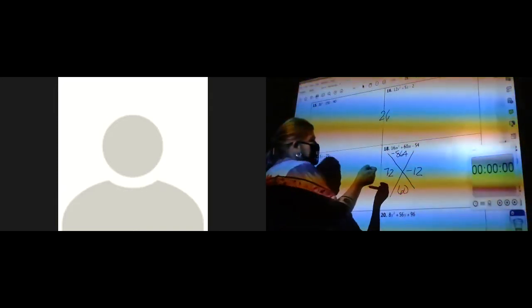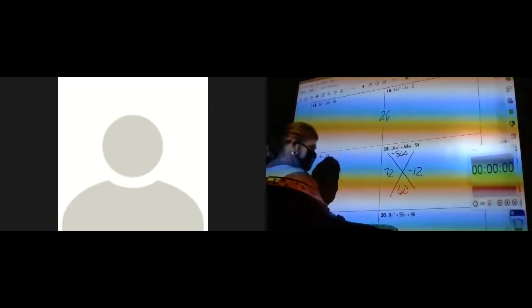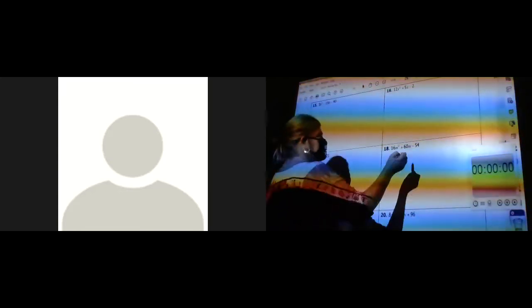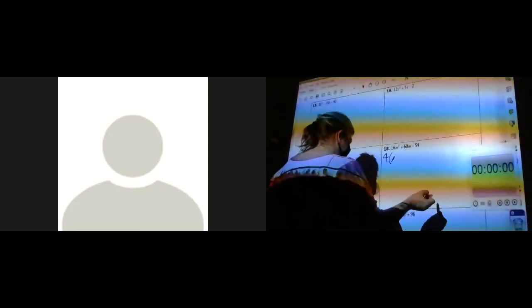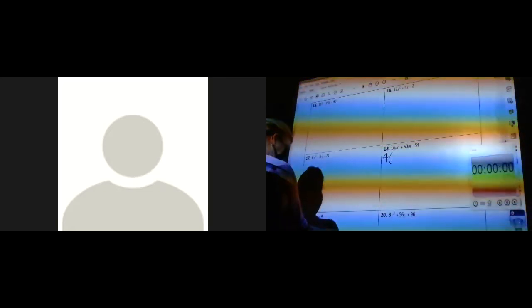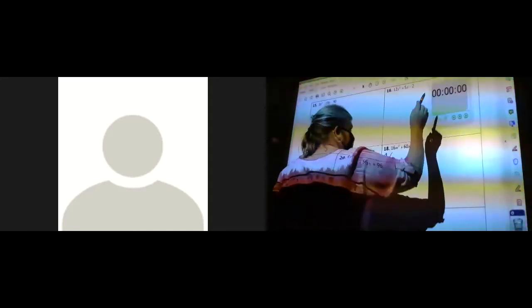Yeah, 4. Okay, there we go. So if we factor out 4, we're left with what on the inside? What's our trinomial?